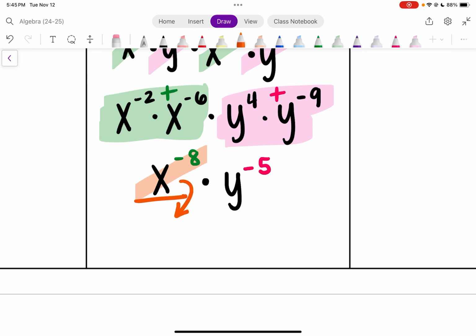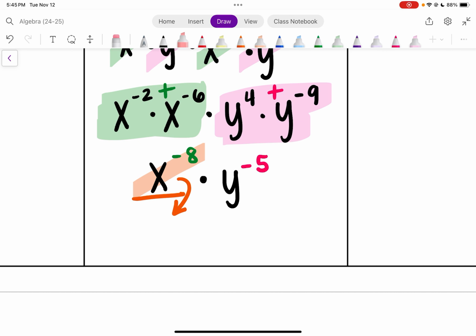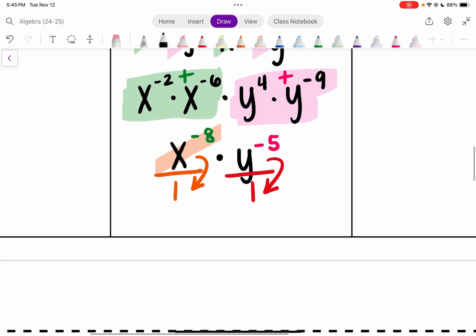What I'm going to do next is take my y to the -5, turn it into a fraction, and flip that exponent. Okay, so notice they are both being flipped. So what that leaves me with is 1 in the numerator, because we still have to keep something in the numerator, because if they're both moving to the denominator, you can't have nothing on top.